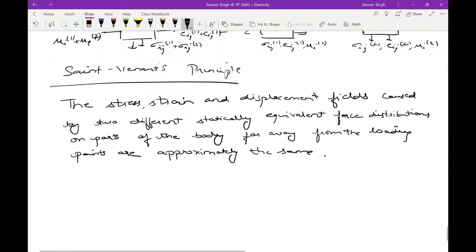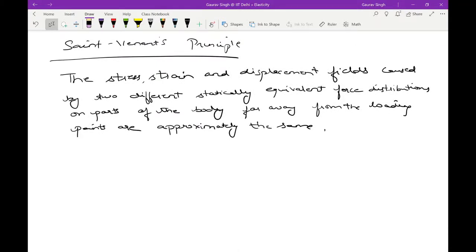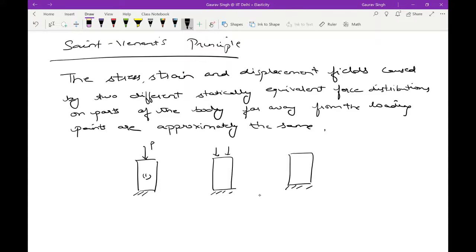Okay, let's see this. If you have a loading applied on this by P, you have a statically equivalent loading P by 2 and P by 2. You have a statically equivalent loading P by 3, P by 3 and P by 3. So these are all statically equivalent loadings.